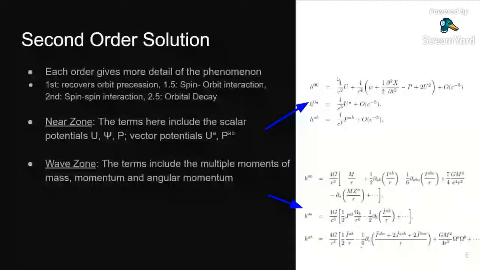In fact, the correction that came in later was 1 upon c square times the values that were previously present. Here you will see that 4GM upon r is nothing but the Newtonian potential itself. These are the wave zone potential terms, and this is the near zone potential terms.